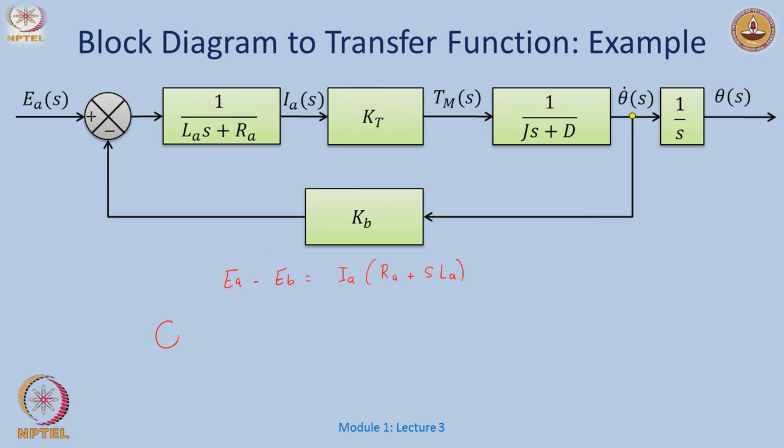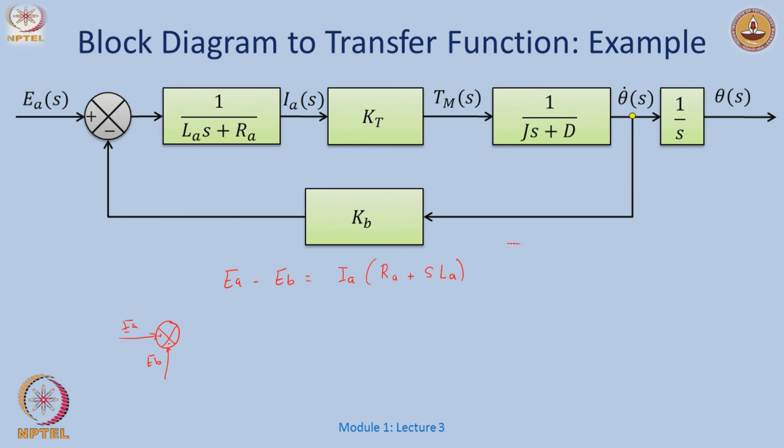So, I start by saying Ea, right, there is a negative sign here. So, Ea minus Eb. Okay.